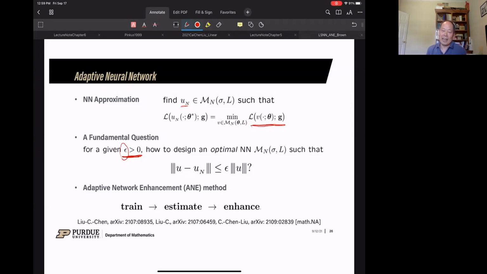So for that kind of tolerance, the question is, how can we design the smallest possible neural network such that, in some kind of measurement, of course measurement is always difficult, this is true in the relative error, right? It is less than the tolerance. If you are looking at a mesh-based method, we do have a subfield in finite elements that we call adaptive mesh refinement or a posteriori error estimation.